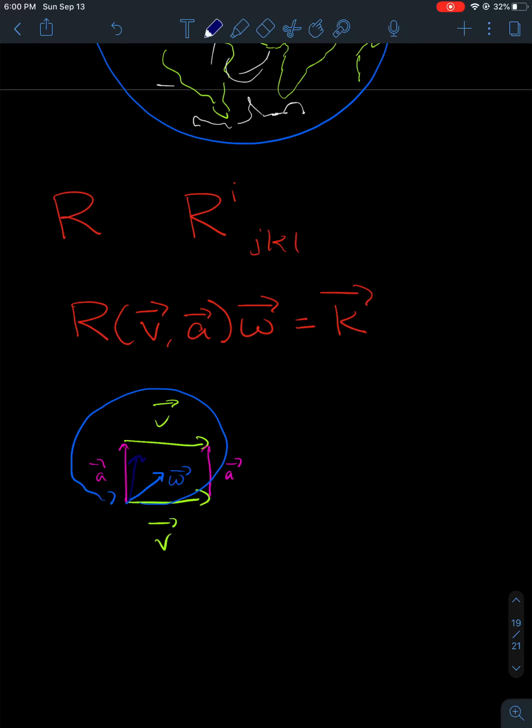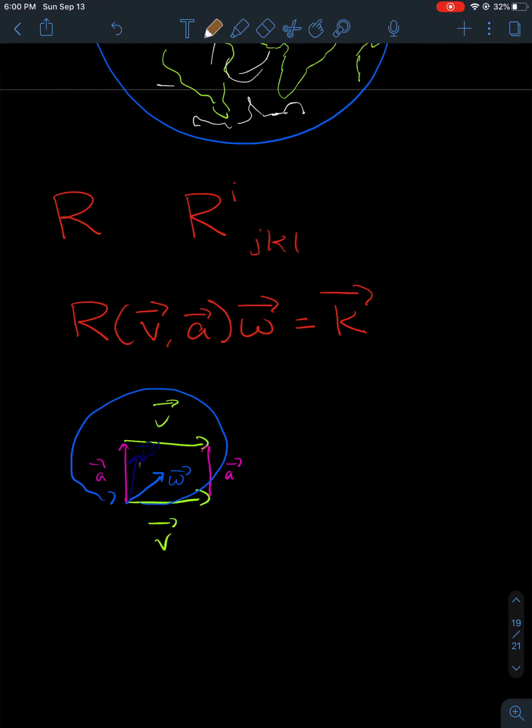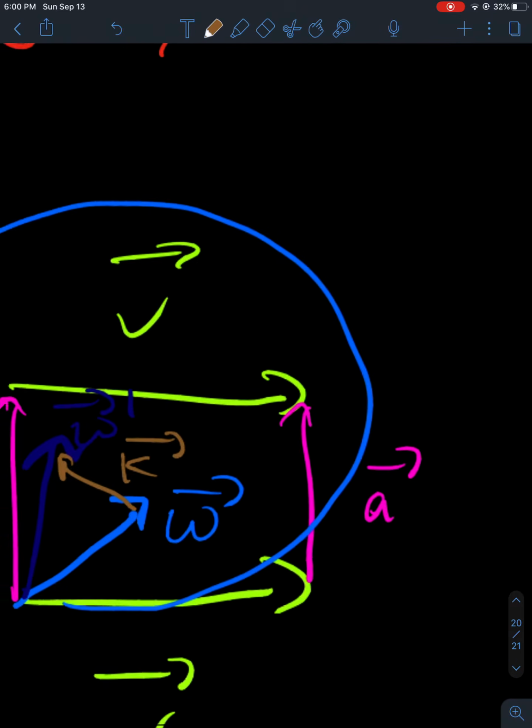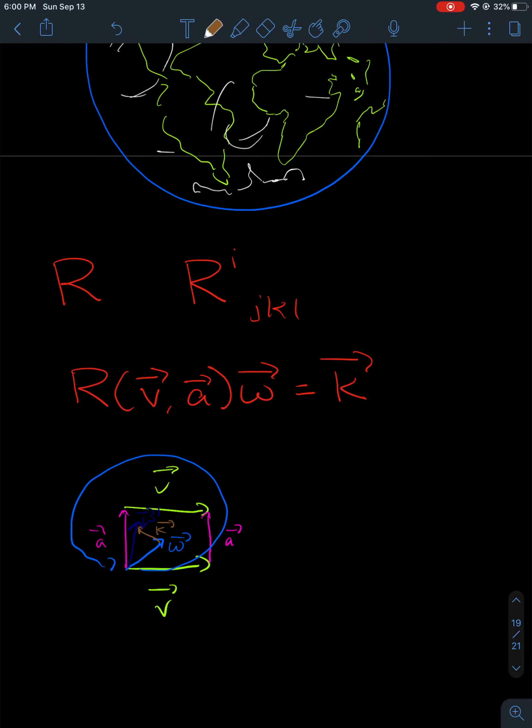So we can call this W prime after being transported along the closed loop, and then K would be the separation vector between W and W prime. We can zoom in right there. So R would be something called the Riemann curvature tensor, and that's what it does.